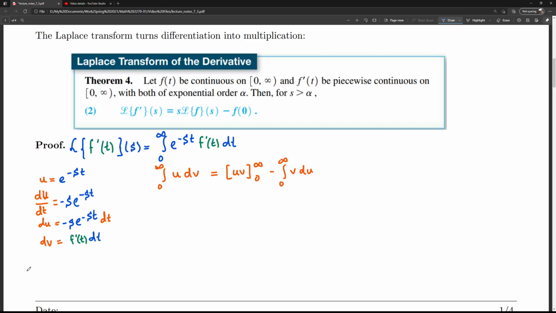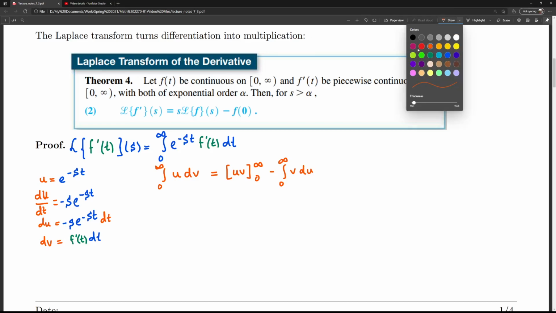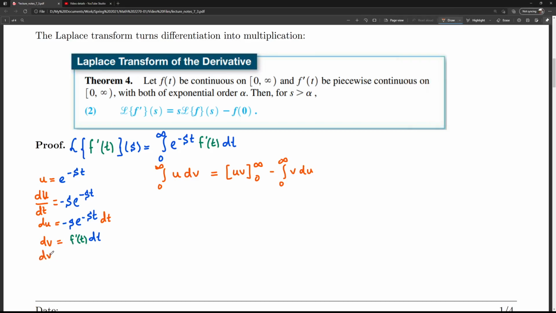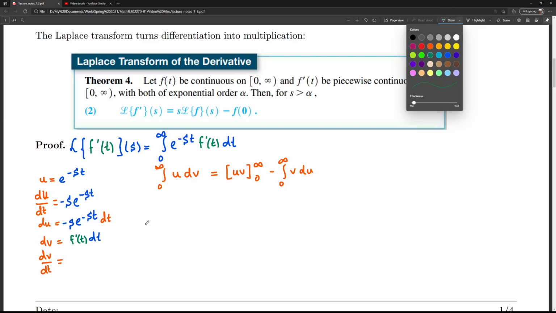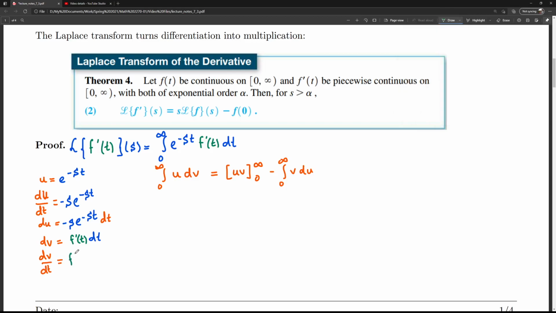And so by dividing both sides by dt, I get that dv/dt is equal to f prime of t.